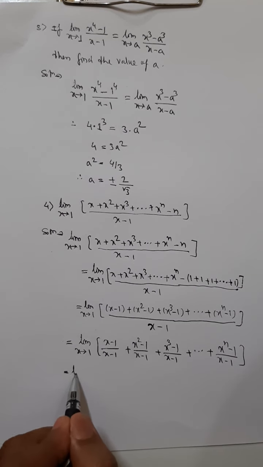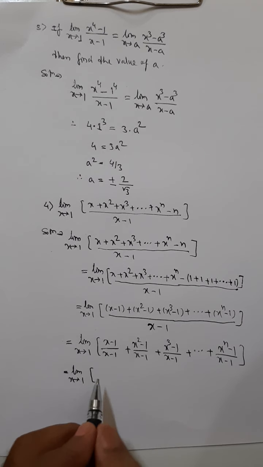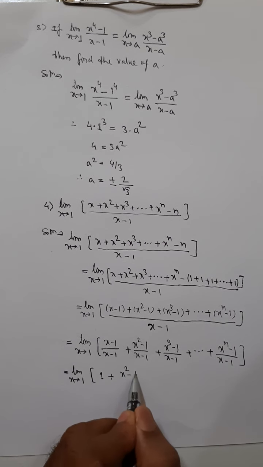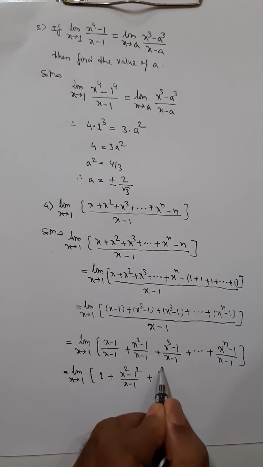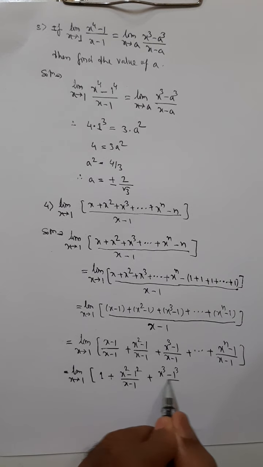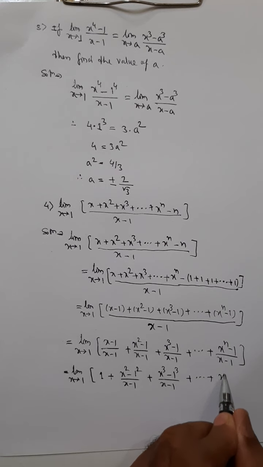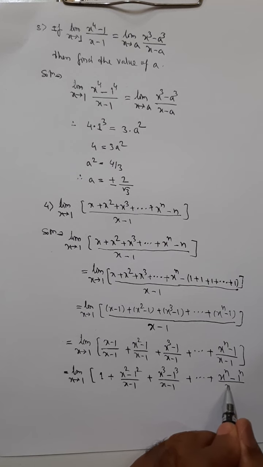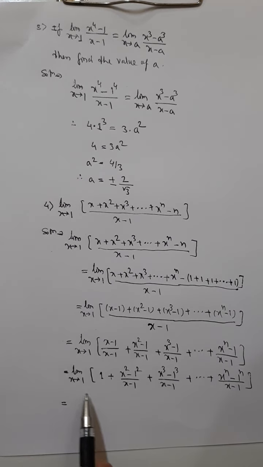Then we write it in terms of the formula, limit as x tends to 1. x minus 1 divided by x minus 1 cancels, we get 1. x square minus 1 can be written with 1 square divided by x minus 1, x cube minus 1 with 1 cube, and x to the power n minus 1 with 1 to the power n, and 1 to any power is 1. Then by the formula we can take the limit of each term.